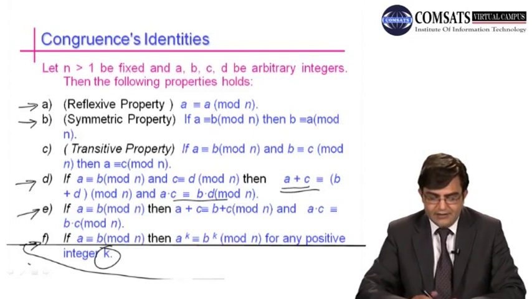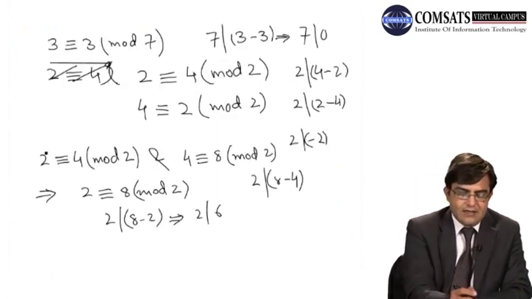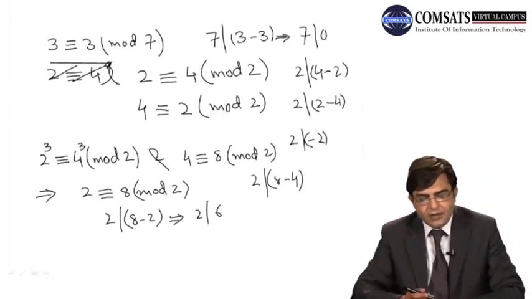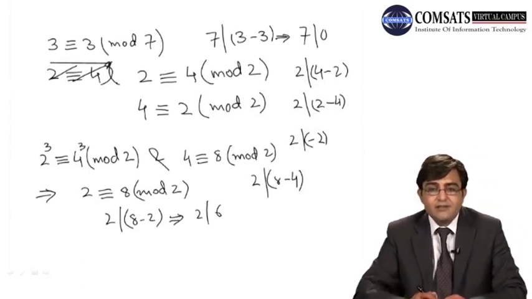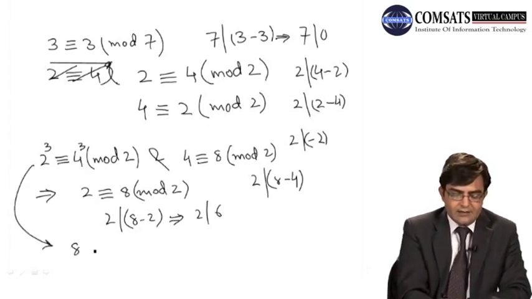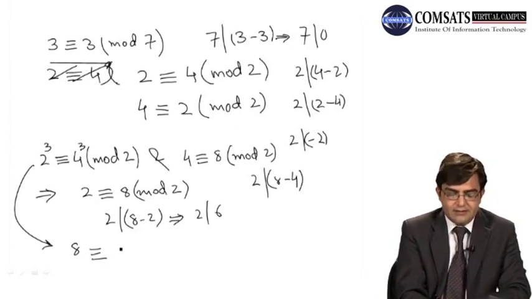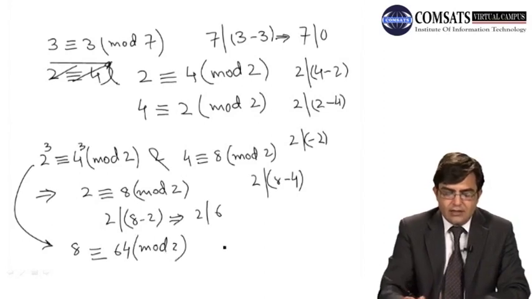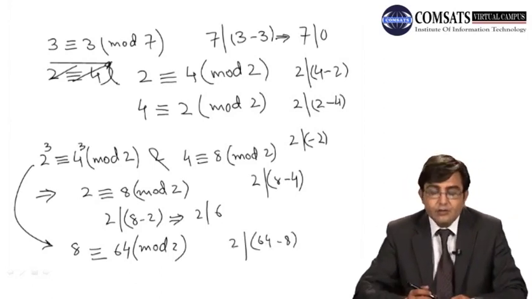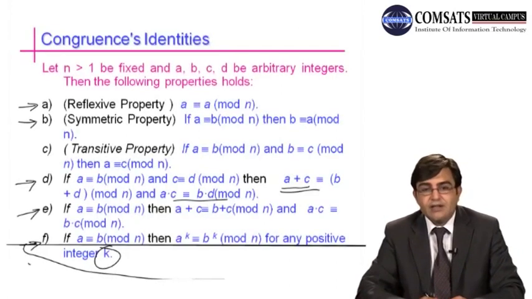For example, 2 is congruent to 4 mod 2, then we can take the power 3 on both sides, and the congruence remains true, because 2 cubed is 8 and 4 cubed is 64, so 2 divides 64 minus 8, which is true, because 2 divides 56. So this is another property of mod congruence.